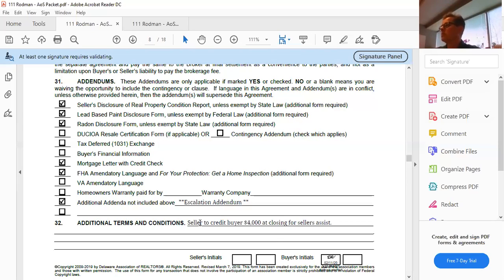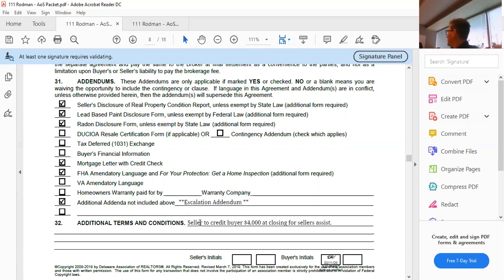So for example, when you are submitting an offer as a buyer's agent, you are going to have the buyer sign off on the seller's disclosures. If there is something on the disclosure that the buyer is wanting either further information or to possibly be repaired, you're going to want to note that on here. So if they note that the roof is 45 years old, you're going to want to put on here, buyer reserves the right to have roof inspected and or repaired as necessary.